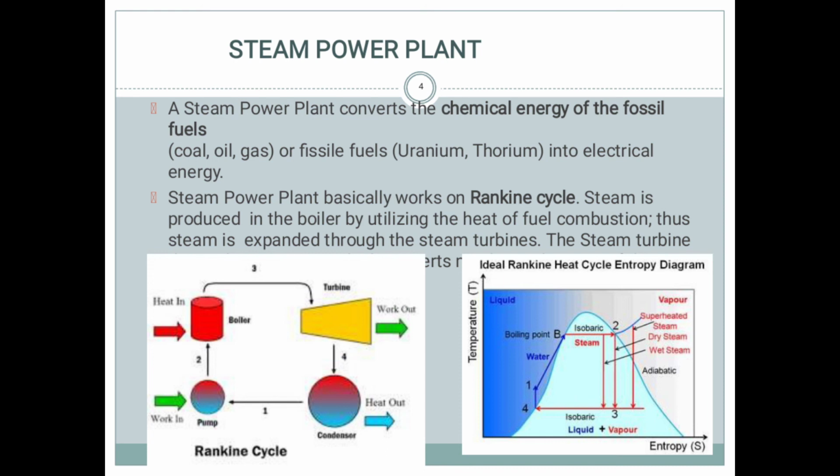Pressure gradually increases from P4 to P1 and temperature also increases from T4 to T1. The cycle is completed. With the help of the Rankine cycle, the steam power plant works. This is the working of the Rankine cycle.